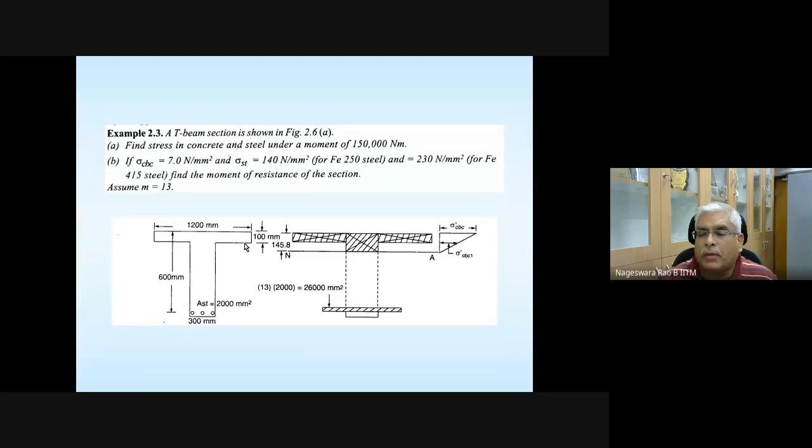It's going to be 50 mm. Okay, and what about the moment of area of the tension, moment of area in tension? It's going to be 2000 multiplied by 13 and multiplied by this distance. This distance is 600 minus 100.